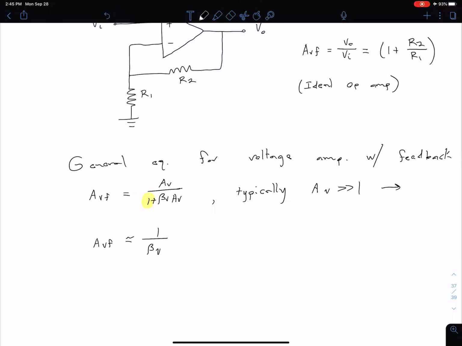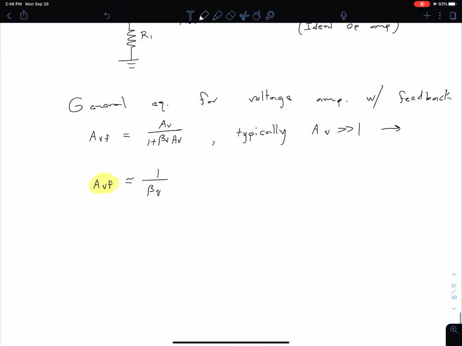Okay, so now we have these two equations for our closed loop gain. We have this A sub VF here and this A sub VF here. So let's equate the two and then we can figure out what this feedback transfer function beta sub V is.